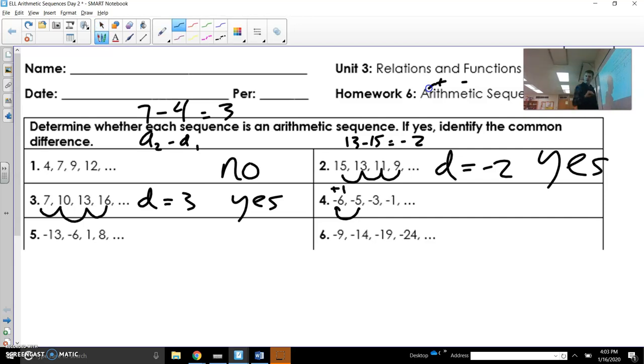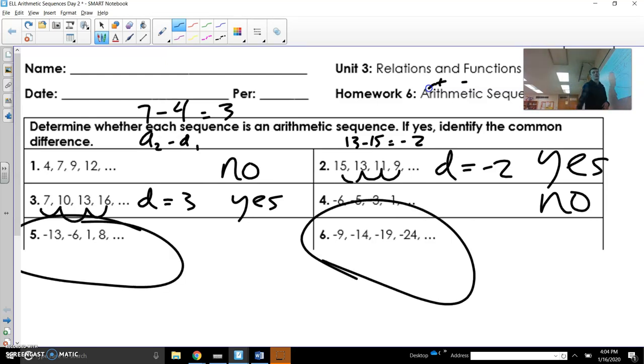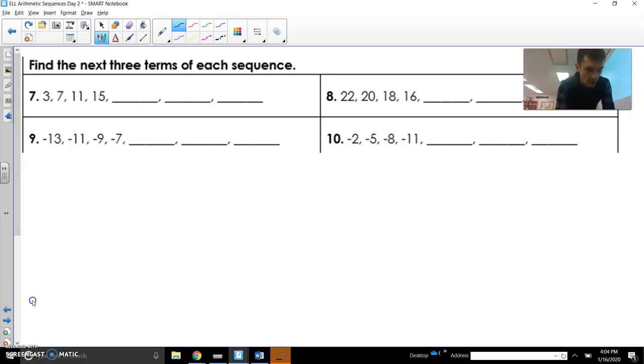But the problem is that right here it's adding 2, and again it adds 2. So I think this one is going to be no, because they don't seem to be consistent in that common difference between the values. So I want you to try 5 and 6 on your own. Write yes or no, and if you write yes, tell me what that common difference is.